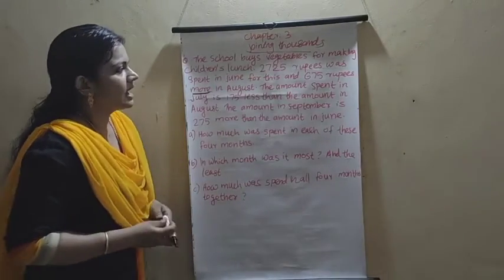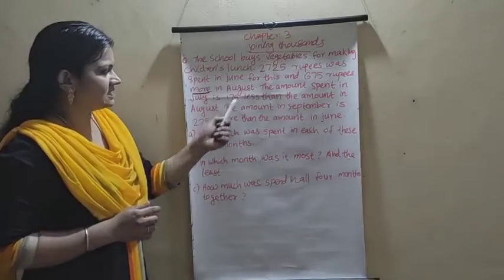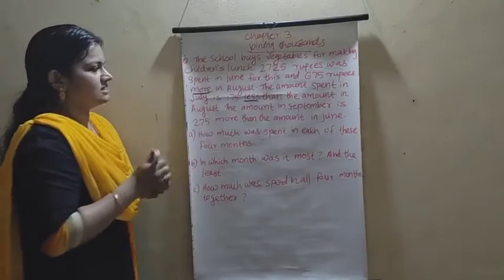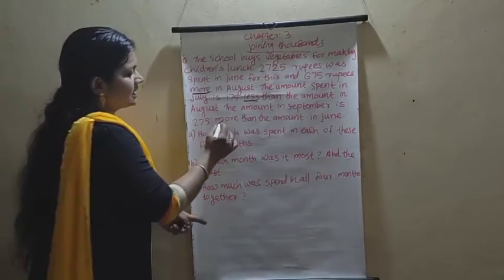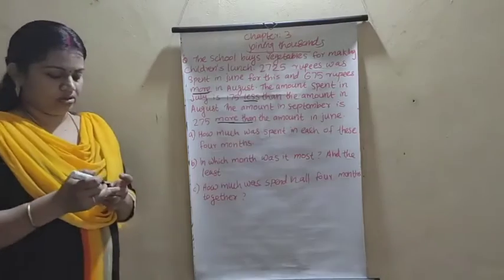The amount spent in July is 175 less than the amount in August. The amount in September is 275 more than the amount in June.